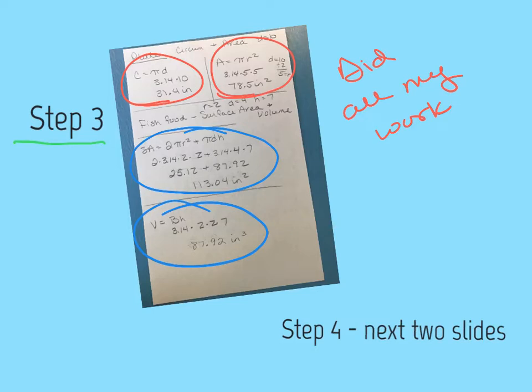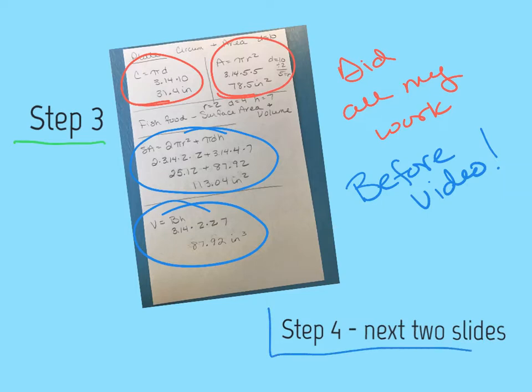I did all of that before I'm doing the video at all. Then I did step 4. So then I recorded my work. So the next 2 slides, I'm going to show you what the video should look like.